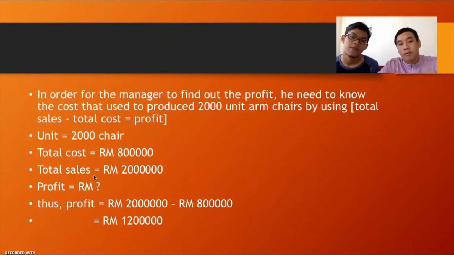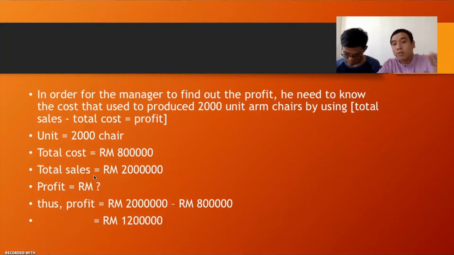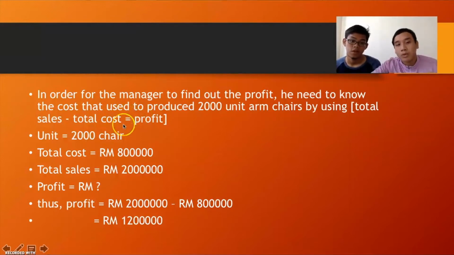In order for the manager to find the net profit for one armchair, he needs to know the cost used to produce. We assume that the manager wants to find the profit for 2000 units of armchair. We can use the formula: total sales minus total cost equals profit.